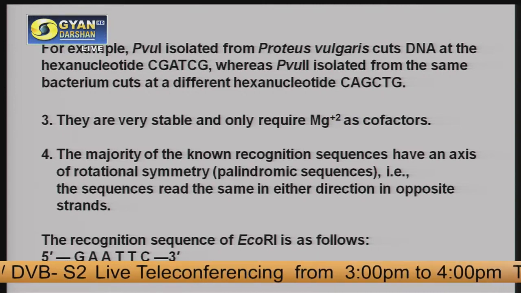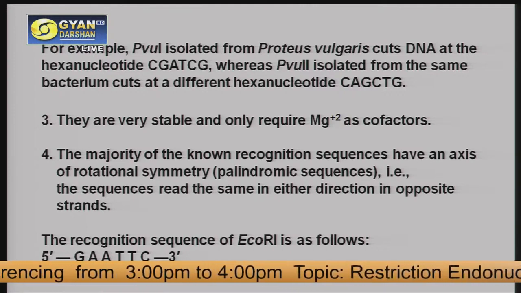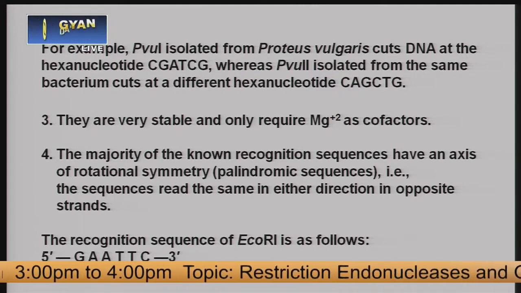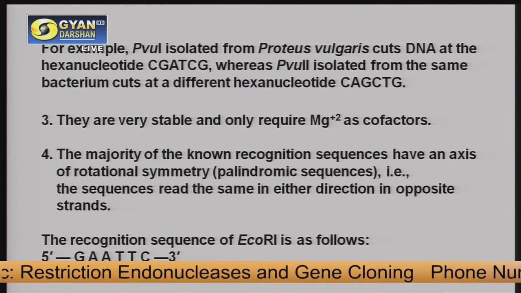They are very stable and they require magnesium as a cofactor. Majority of the sequences, and now this fourth point is very important, we call them palindromic sequences. What is a palindromic sequence? It is a sequence that reads the same in both directions.